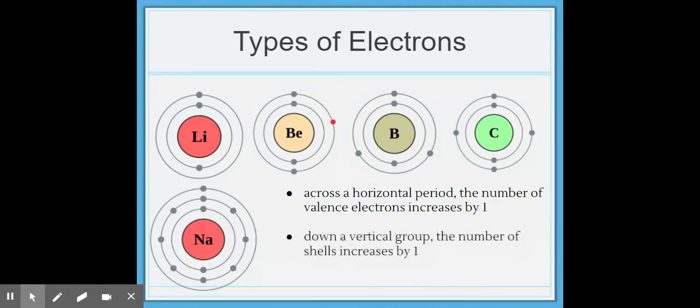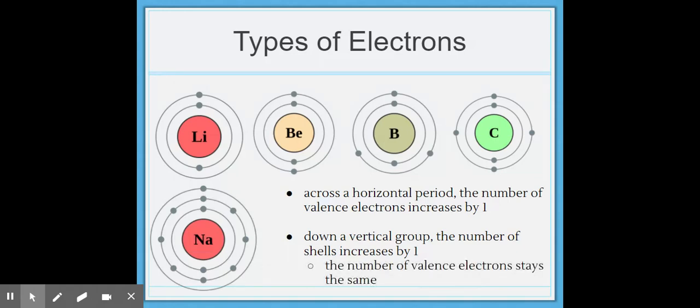But as we go down a group, the vertical columns are also called groups, the number of shells increases by 1. Sodium is below lithium. Lithium has 2 shells and sodium has 3 shells. So as we go down a vertical group, the number of shells increases by 1.